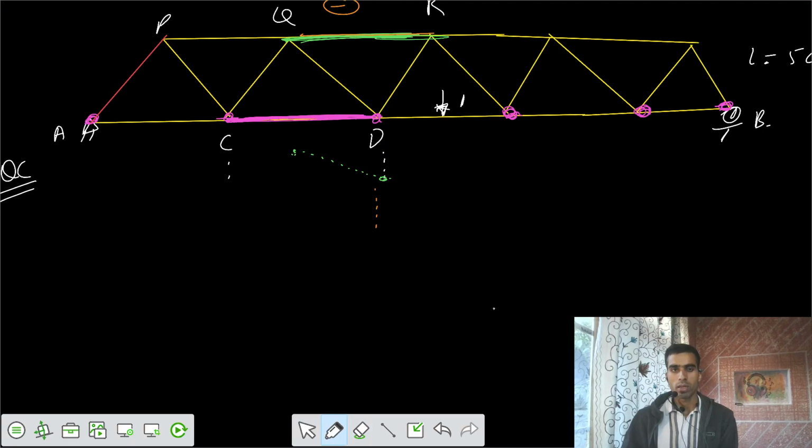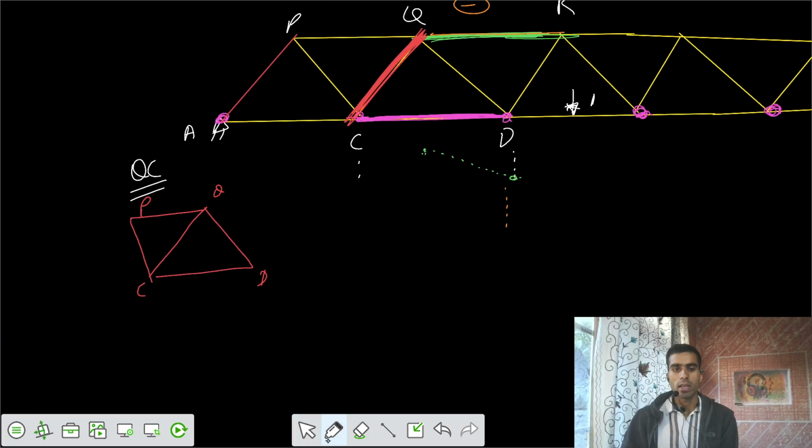This is your QC member. Let's take this triangle. Then I would say, what are the triangles associated with that QC member? One of the triangles is QCD, one of the triangles is PQC.